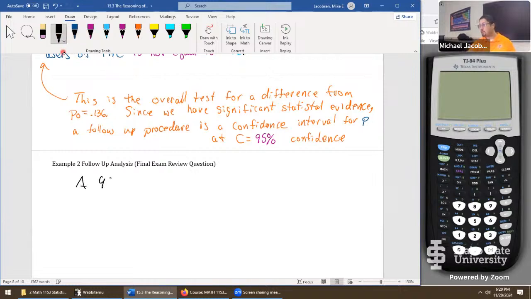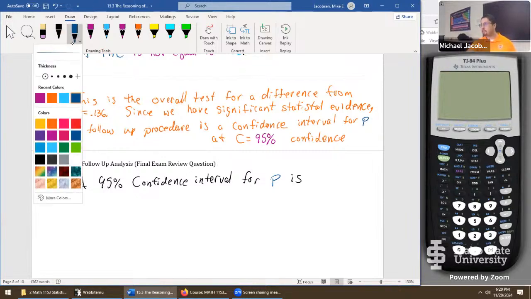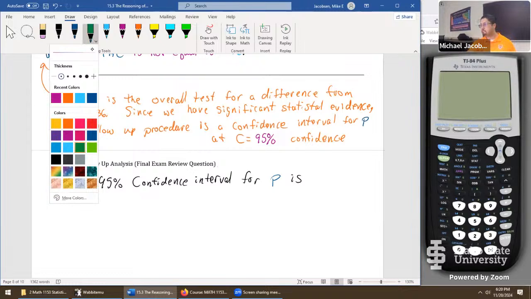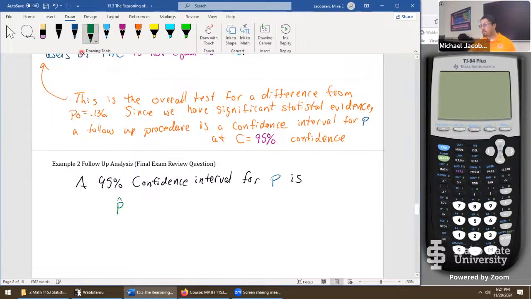A 95% confidence interval for P is, first we take P hat, add and subtract a critical number Z star.